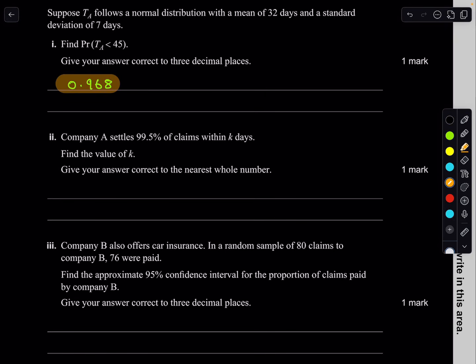Company A settles 99.5% of the claims within K days. Find the value of K, to the nearest whole number. If you draw a normal distribution, K is going to be somewhere here, and the probability of everything to the left of it is 0.995.